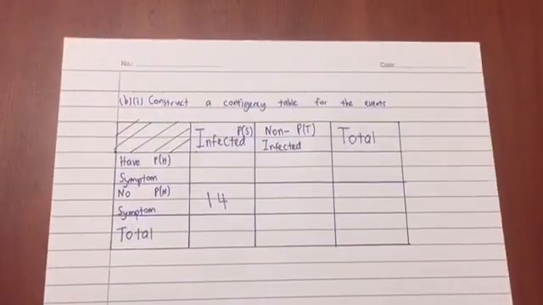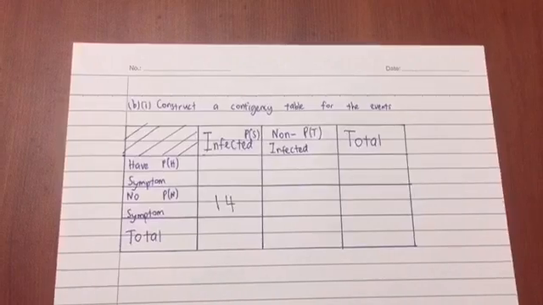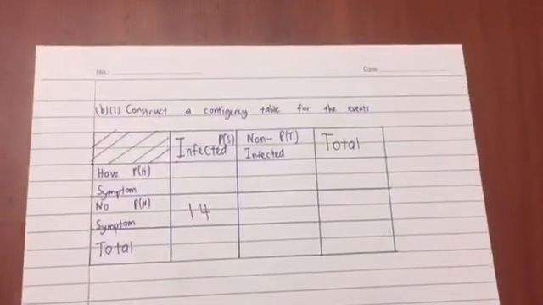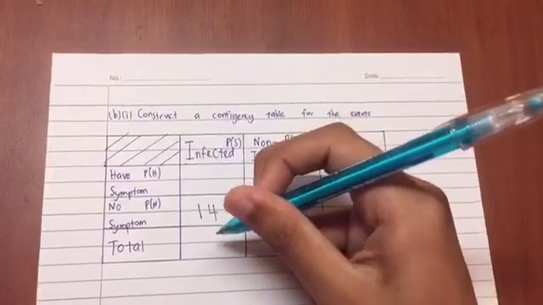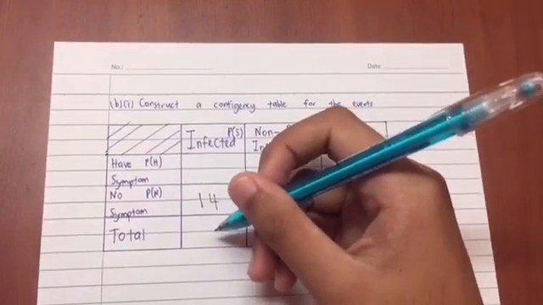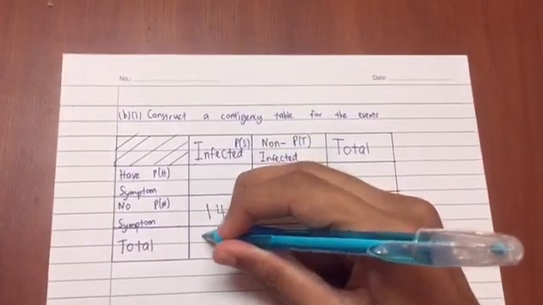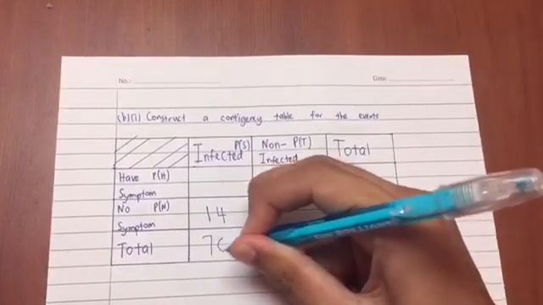Also don't forget, the probability for a person being infected is 0.7, so the 0.7 must be in here. We assume that the 0.7 is 70. So we put this value 70.